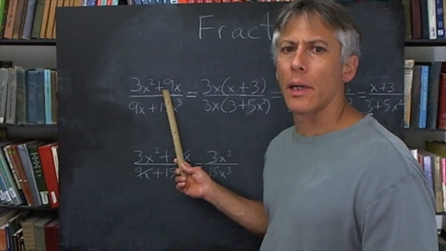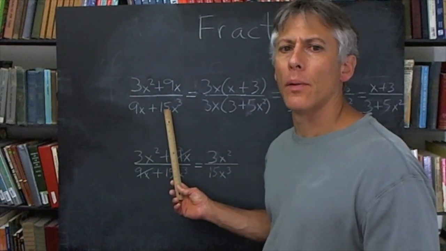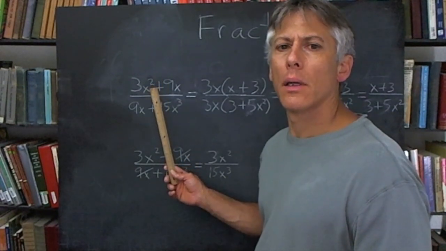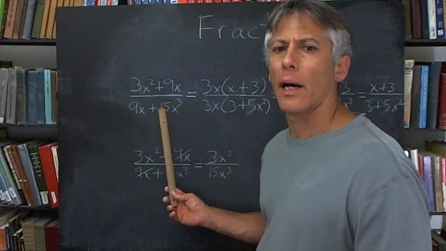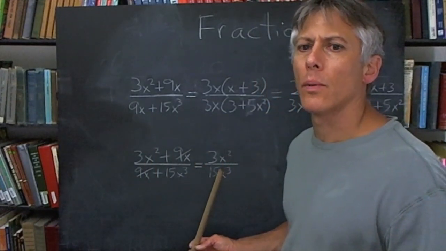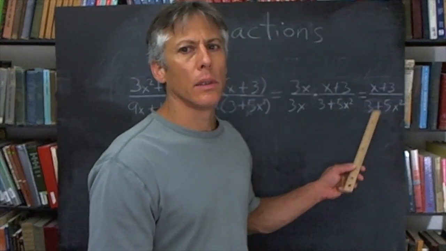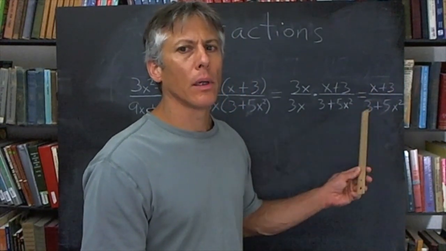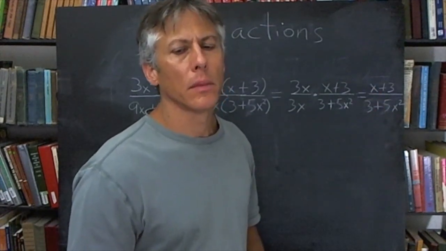You get 3 plus 9 is 12. 9 plus 15 is 24. And 12 over 24 is 1/2. This does not come out to 1/2 when you put a 1 in for x. But this would. If we put a 1 in, we'd get 4 over 8, which reduces to 1/2.